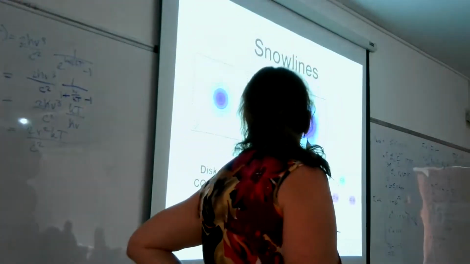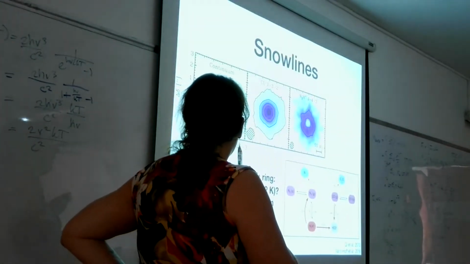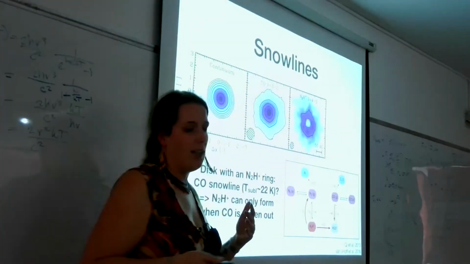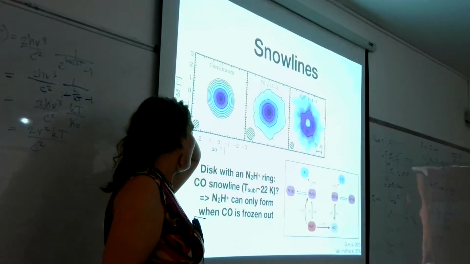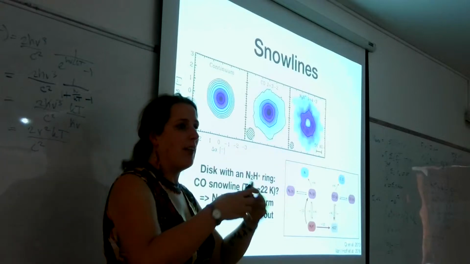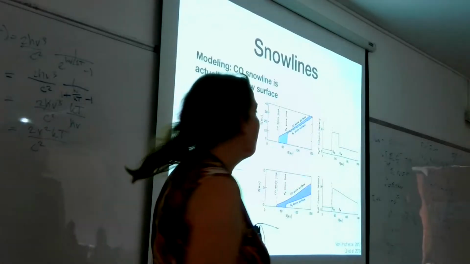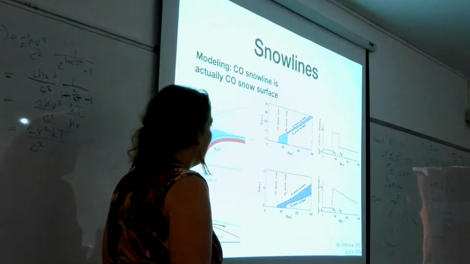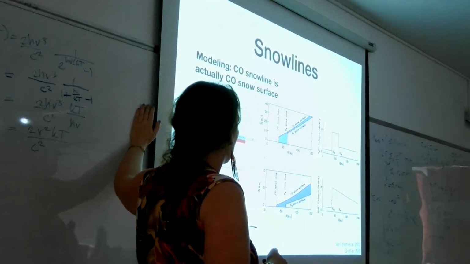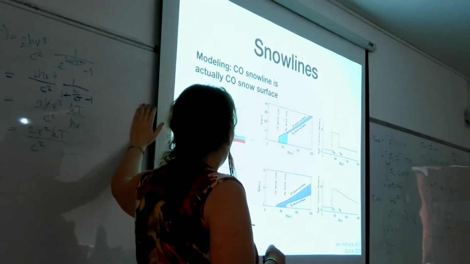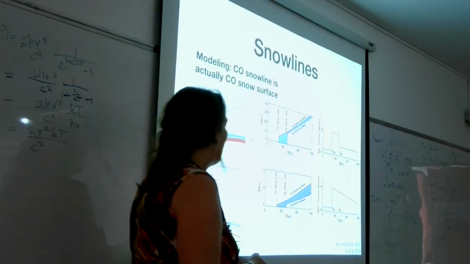Well, the snow lines, which I don't need to explain again, where the N2H+ is detected when the CO is frozen out. So originally, the idea was that this was a very simple relation, but in a follow-up study, 2019, they actually found that the N2H+ emission was a lot more complicated because CO isn't just frozen out in the mid-plane.